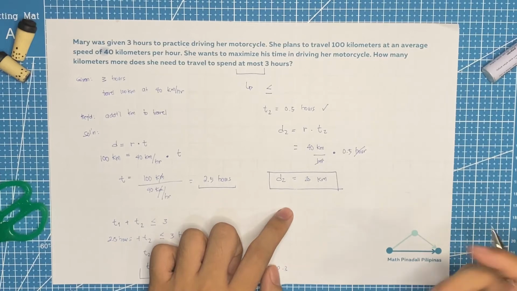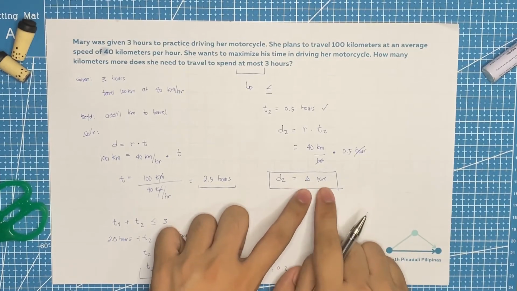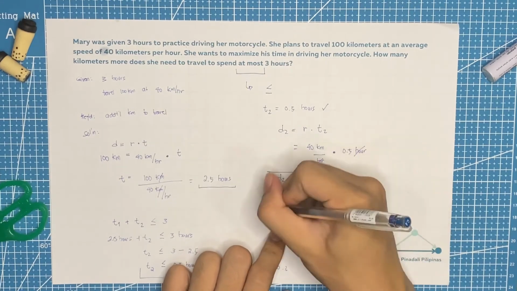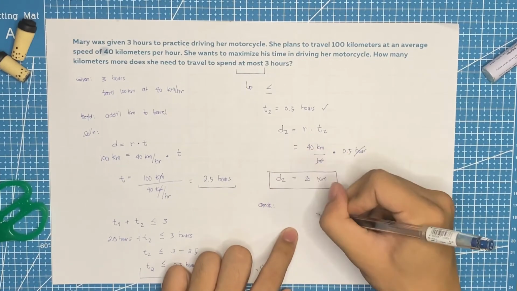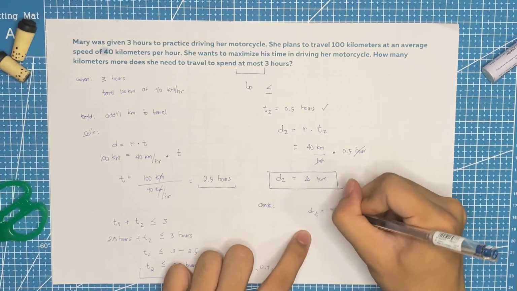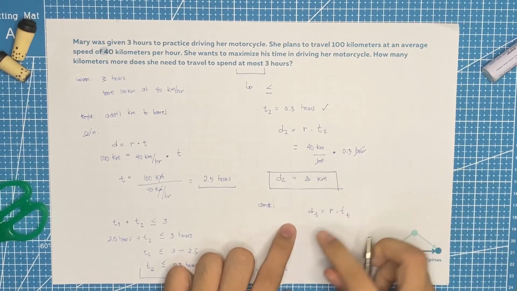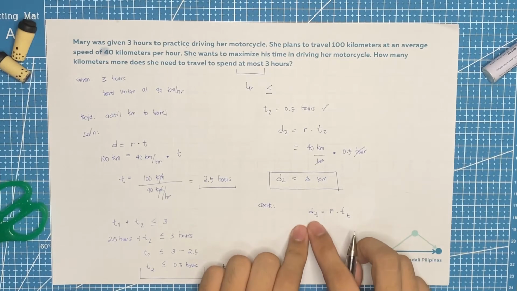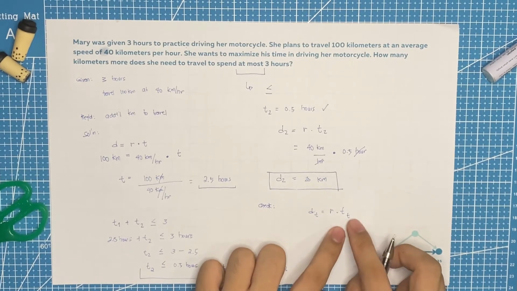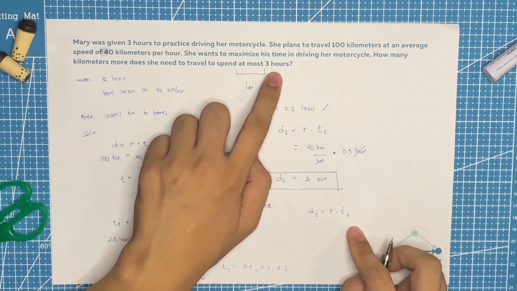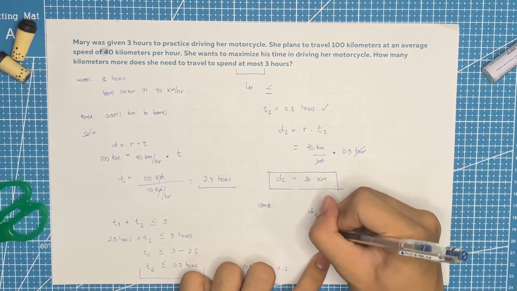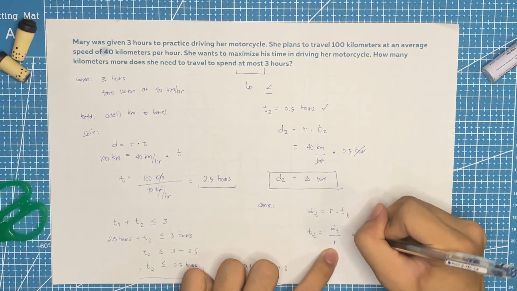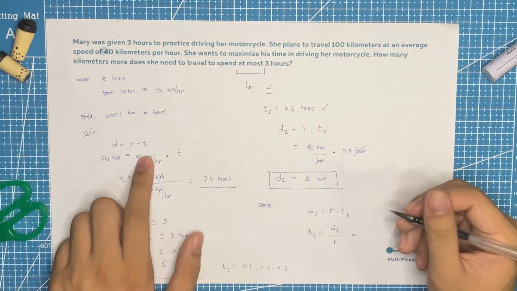Now let's check if with the additional 20 kilometers, ma-achieve niya ba yung maximize na 3 hours. Let's use again our distance formula. That's D total equals R times T total. Alam natin yung D total, alam natin yung R. So, try natin if yung T total would be maximized at 3 hours. So, T total is equal to D total over R. Ilan yung total distance natin?